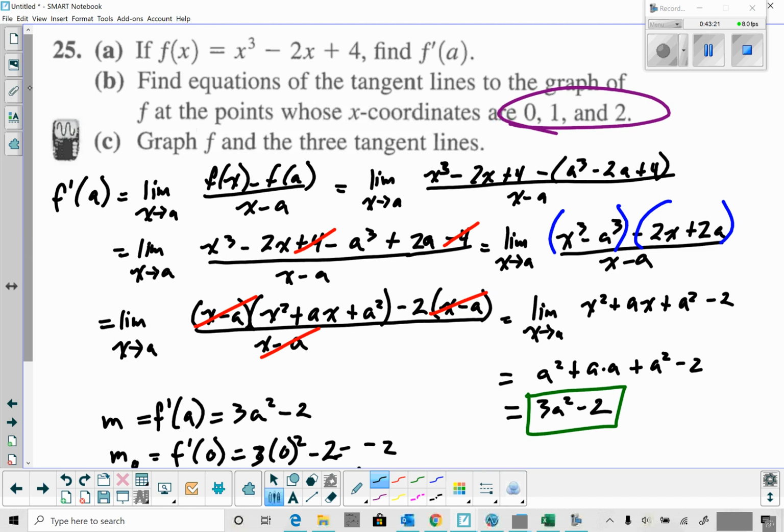Let's see, 0 cubed minus 0 plus 4. So that means this is at the point 0, 4. Put that together with our slope of negative 2, and then we should be able to come up with the equation of the tangent line there. Pretty simple. y is equal to negative 2x plus 4.